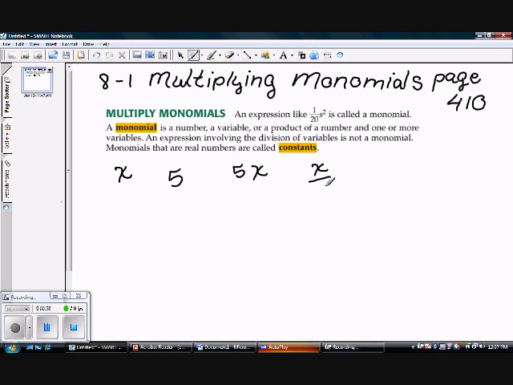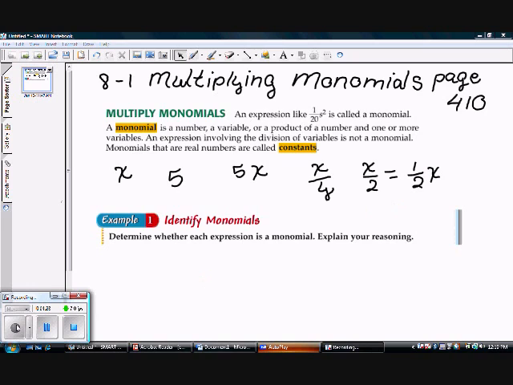This would not be a monomial because it involves division of variables. Now if you had x divided by 2, could you write that to where it's multiplying a number times x? Well, yeah, that would be the same thing as 1/2 times x. So that would be a monomial.